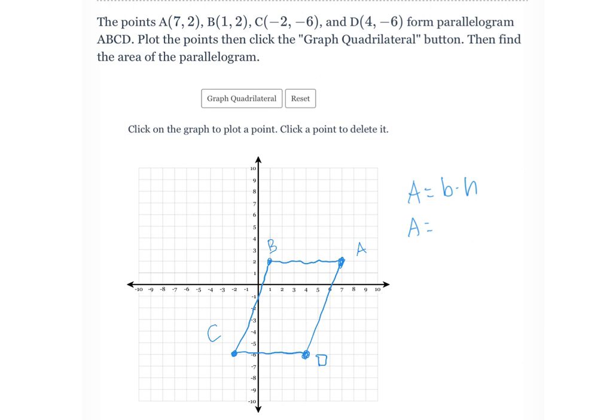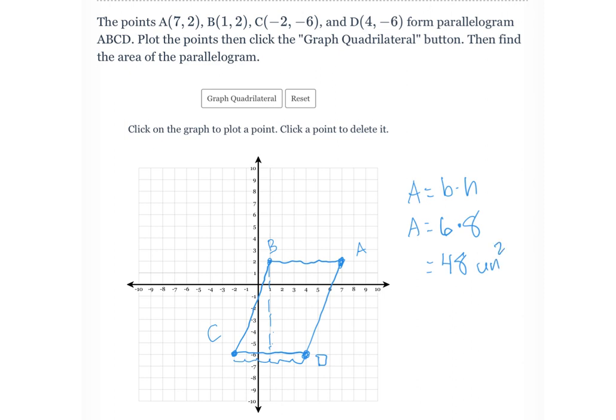I'm going to use CD for this. So this is 1, 2, 3, 4, 5, 6. I'm going to multiply that by the height, which I'm going to draw in, which is 1, 2, 3, 4, 5, 6, 7, 8. And did you look at that? We have the same exact answer as our previous example, which is 48 units squared.